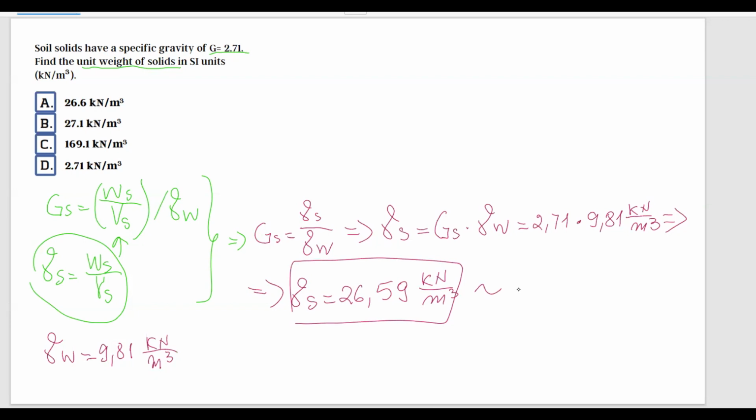There you go. And of course, this is approximately 26.6 kilonewtons over meters cubed, which is option A, 26.6 kilonewton over meters cubed. Perfect. Let's move now to the next problem.